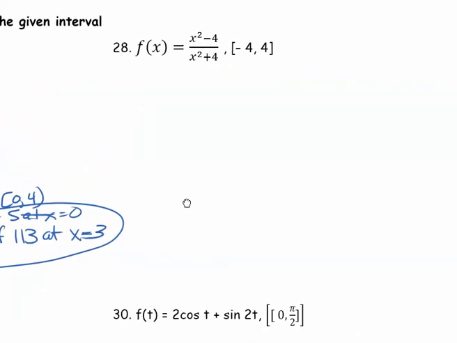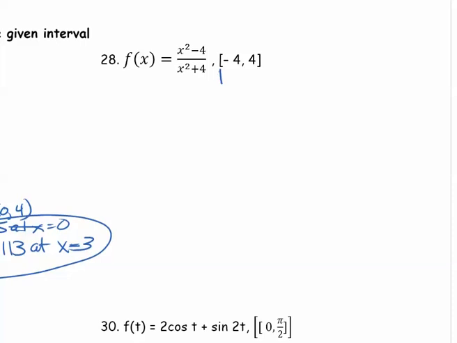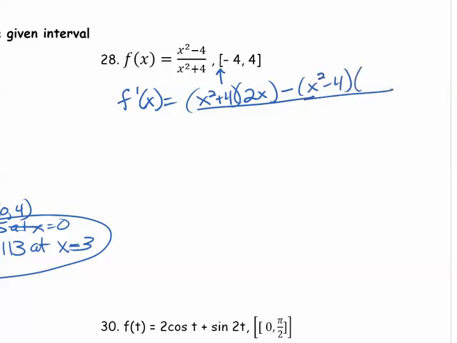All right, number 28. Again, every time you are asked for global extrema on a closed interval, we've got to find our f prime of x. So we have to do quotient rule again: low d high minus high d low over low squared. So notice again our denominator is always positive, so there's never going to be a value where the derivative is undefined.